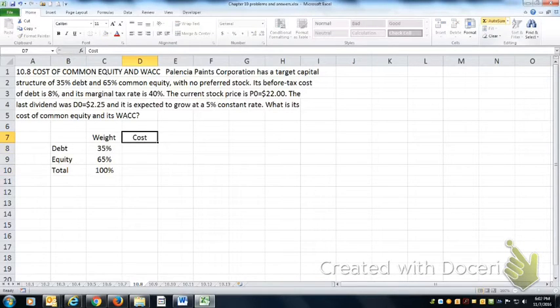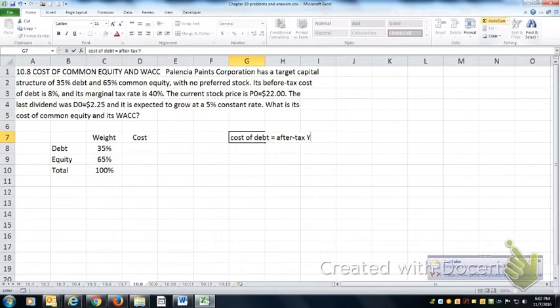So now I need the cost for debt. All right, the cost of debt equals the after-tax yield to maturity.